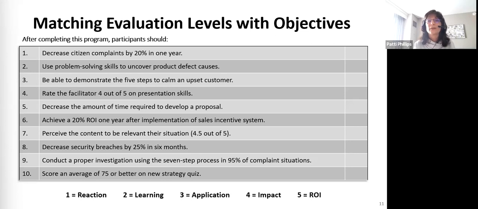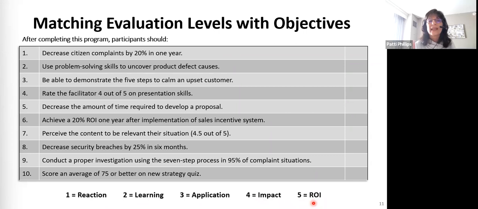However well or poorly written these objectives are, they are objectives for programs. All I want you to do is on your piece of paper, write down what level of objective each of these represent, or what level of evaluation you would take to determine if you achieve the objective. So it will either be level 1, 2, 3, 4, or 5.